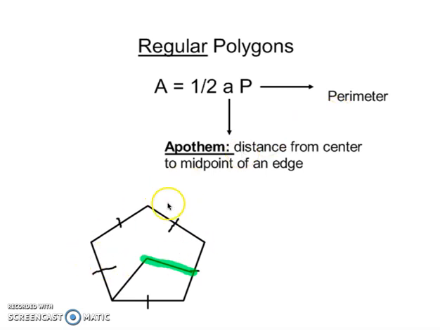So when you see capital letters, it's referring to the whole entire figure. So down here, we have a regular polygon. I know it's regular because all the sides are marked congruent. And if you notice, I have two things highlighted. Well, one thing here, and then here's another line here, which we're going to highlight in yellow.